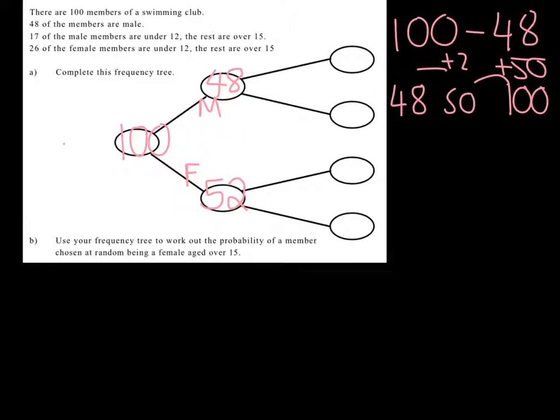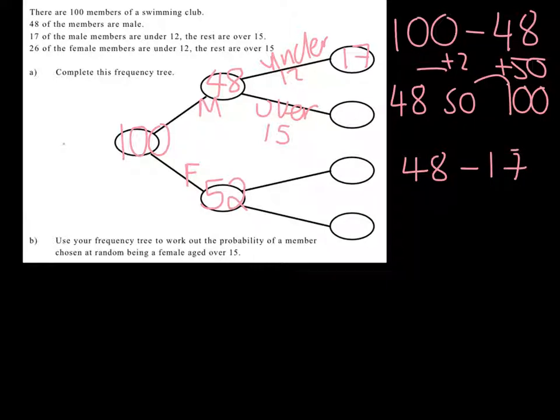So 17 of the males, so if we go on the male side, 17 of the males are under 12, and we know that there are 17 who are under 12. So the rest must be over 12. So if there's 17 who are under, we need to find the difference between 48 and 17.